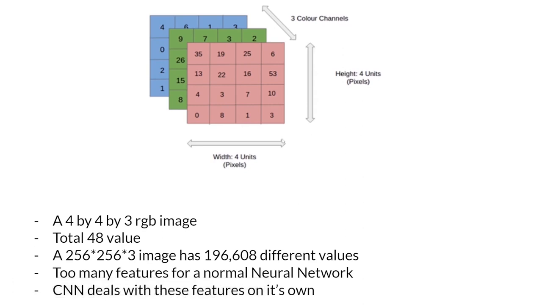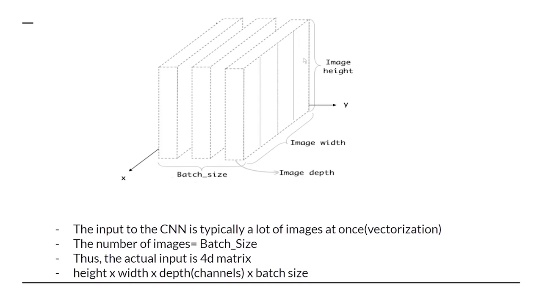So what a CNN does is find a relationship between the features of an image and these pixel values, and then tries to classify the image based on the learned features. The input we enter into a CNN is actually a 4D matrix. The extra dimension is the number of images, which helps in vectorization and makes it more efficient.